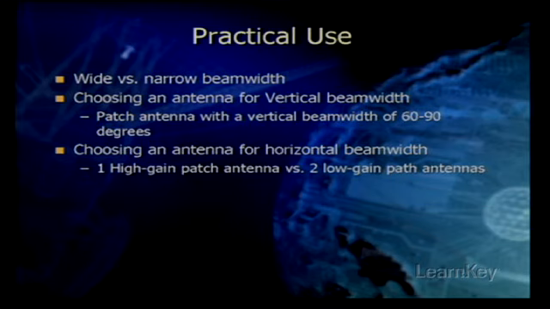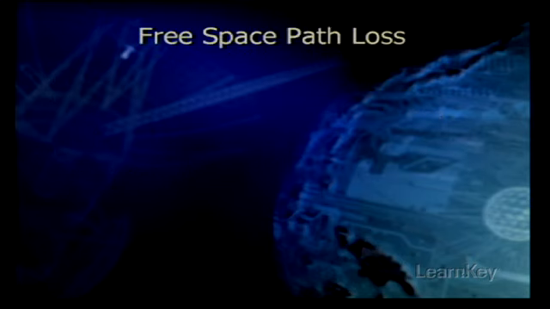Another major factor that you're going to have to look at is what's known as free space path loss, or simply path loss. This refers to the loss incurred by an RF signal due largely to simple signal dispersion, which is a natural broadening of the wavefront itself. The wider the wavefront, the less power can be induced into the receiving antenna.